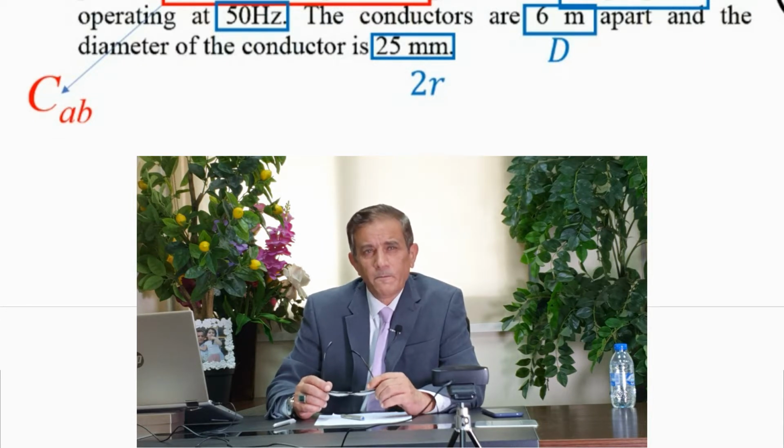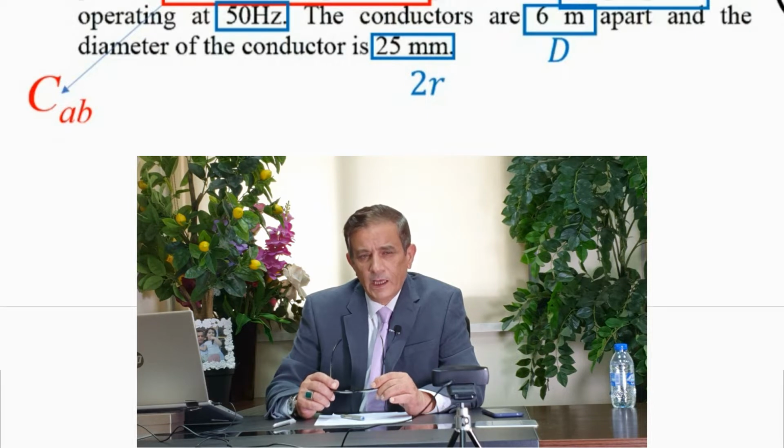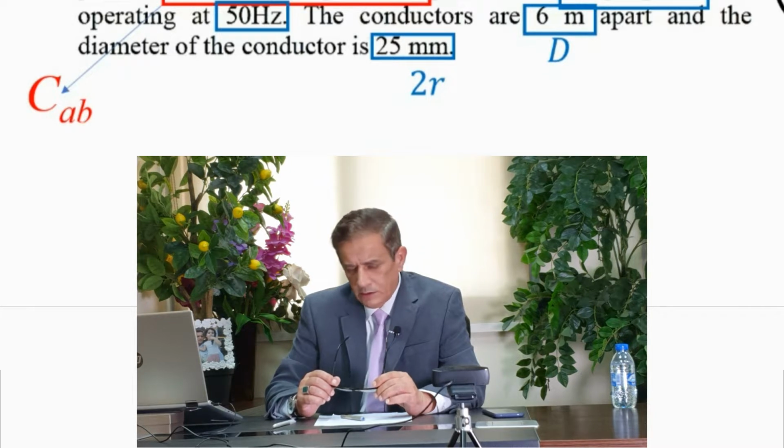Understand this also. Sometimes they will give you the diameter, sometimes the radius. We will be using the radius. And remember always, for inductance, we are using the effective radius, R dash. For capacitance we are using R only.